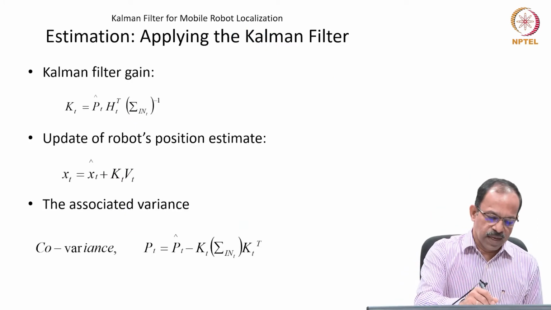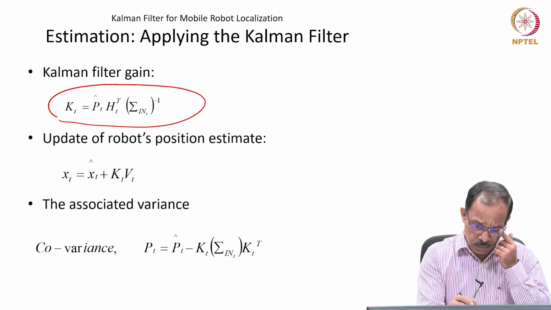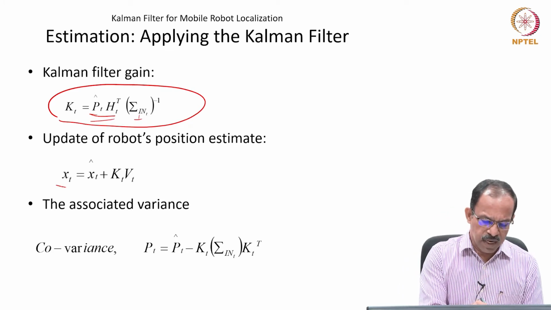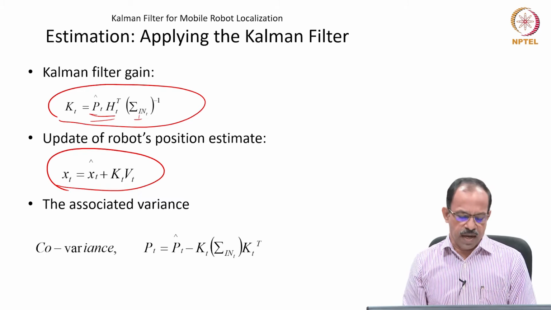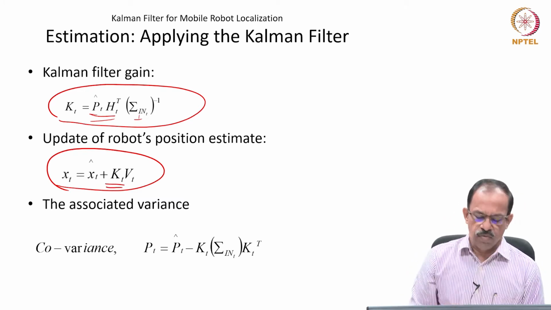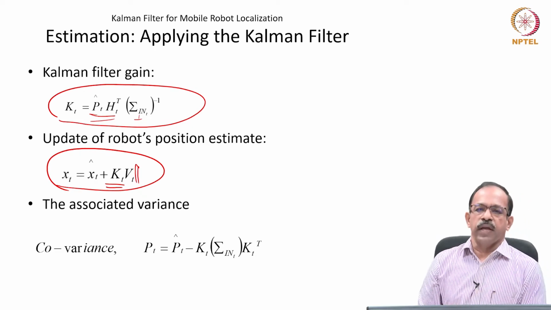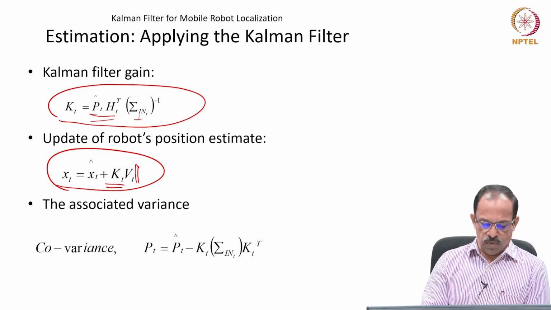Okay, so we get this Kalman filter gain using the information sigma innovation and Pt and Ht, and then update the robot's position using Xt is equal to Xt hat plus Kt Vt, where K is the Kalman gain and Vt is the innovation, the difference between observed and actual one.